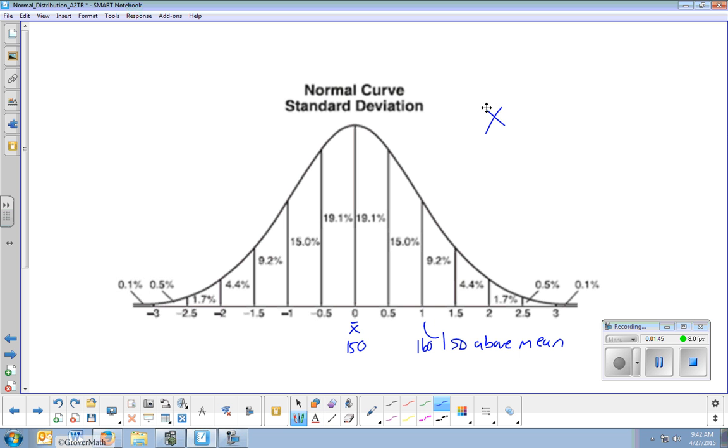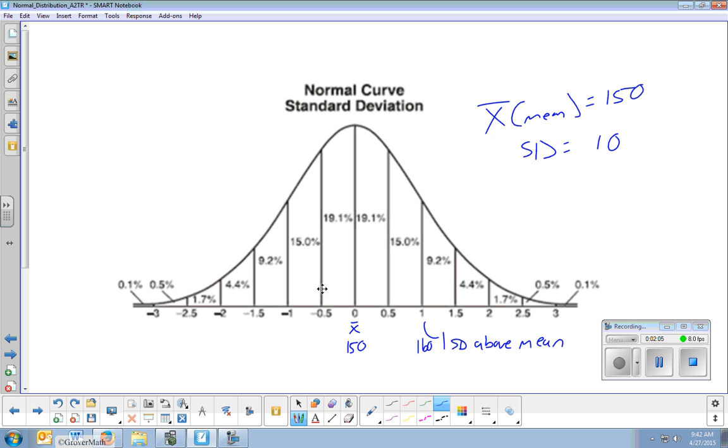For my demo, let's say the average or mean is 150 and the standard deviation is 10. So basically that would mean that 150, the average, goes in the middle, and then the 1 is one standard deviation attached to the mean.